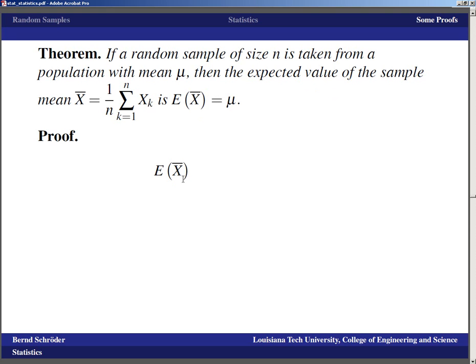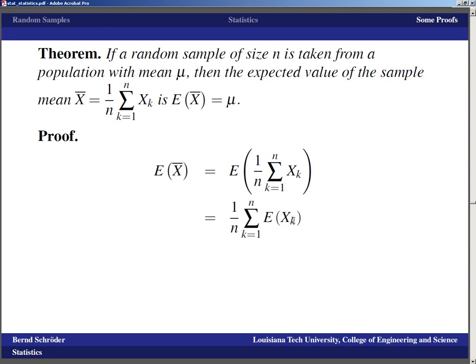We're looking at the expected value of x bar. Well, that is the expected value of 1 over n, sum k equals 1 to n of the xk. What do we know about expected values? Well, we know that constant factors can be moved out, and we also know that expected values can be moved into sums. So this is actually 1 over n times the sum k equals 1 to n of the expected value of xk.